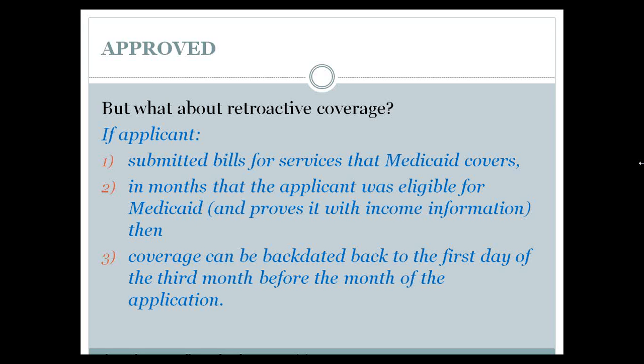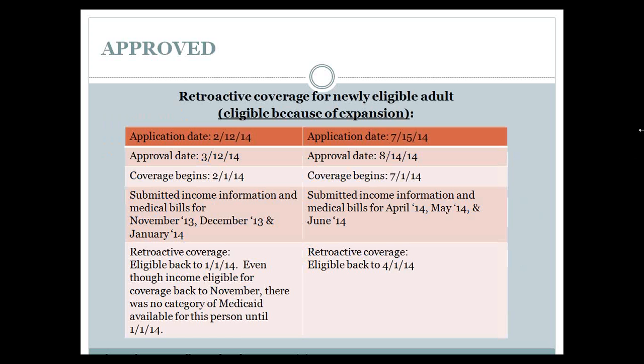If the applicant submitted bills for services that Medicaid covers to the Department of Job and Family Services in months that the applicant was eligible for Medicaid and the applicant proves it with income information, then coverage can be backdated to the first day of the third month before the application. Let me break this down, because I don't know if that made sense to everybody. It's a lot to digest. The next slide looks at realistic examples.